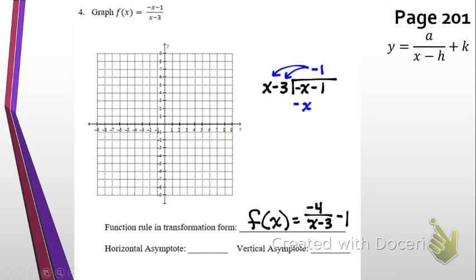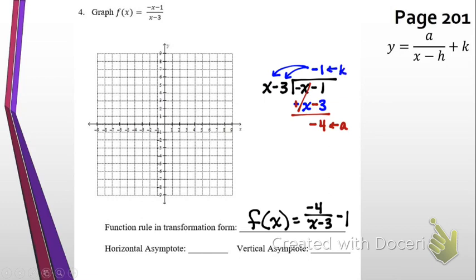So I would get -x and a +3. Yep, after you distribute, you switch both signs. Always switch both signs. So my x's are going to cancel, and I get -4 here. This is my a. This is my k.